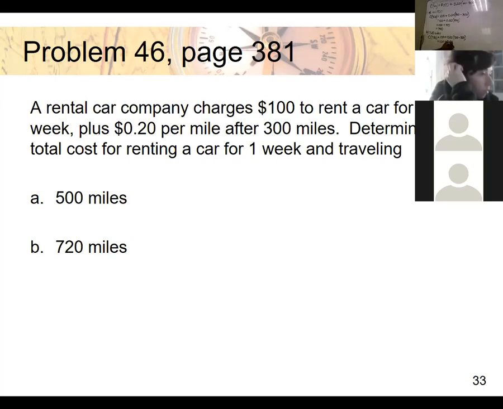So this is 0.20 times 720 minus 300, that's 420. I'm gonna skip this step of just doing 100 plus 0.20 times 420. That's how much, 184?